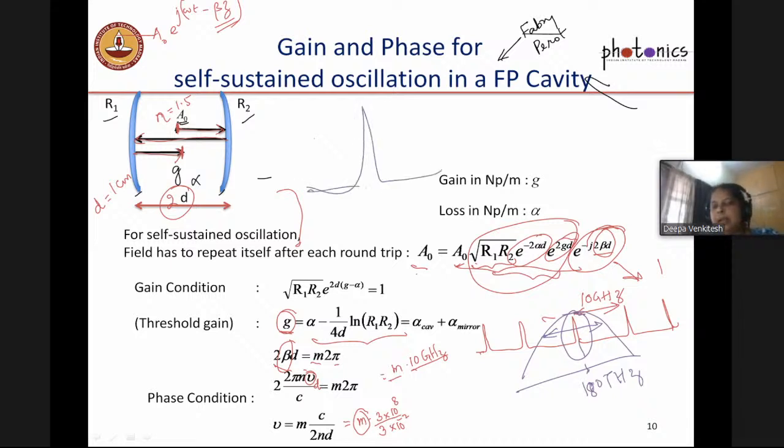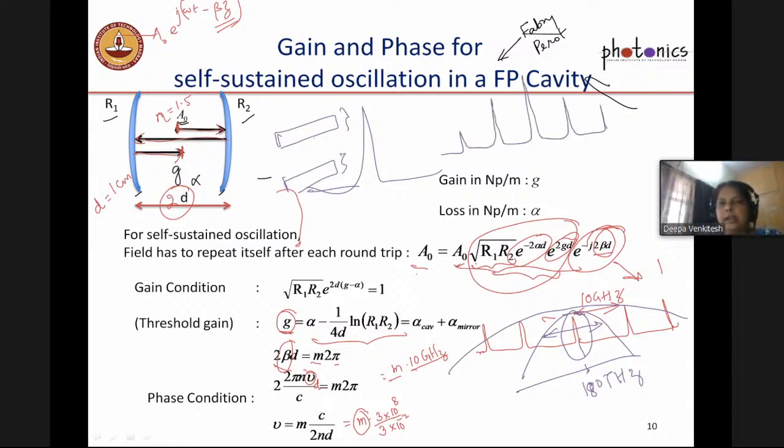Suppose the emission spectrum of my gain medium is really broad, right? I pick a gain medium where the upper state and the lower state are really broad, so that the emission is really broad. It means that I can have a laser whose output is going to look like this.